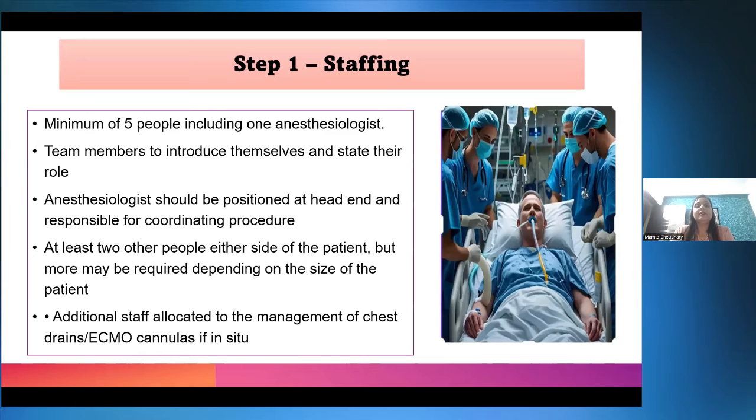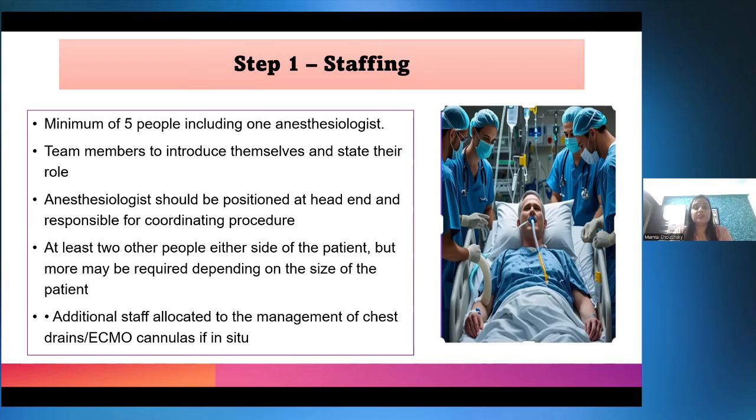So step 1 includes the staffing. There should be a minimum of 5 people, including 1 anesthesiologist, in the team. Team members should introduce themselves in the beginning of the procedure and state their roles so that the team knows that no role is missing, and they should also know which role is being performed by which member so that adequate commands can be given.